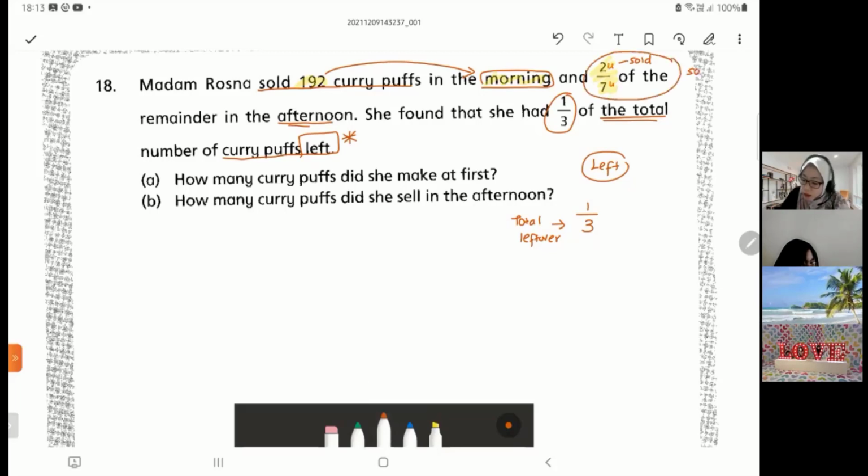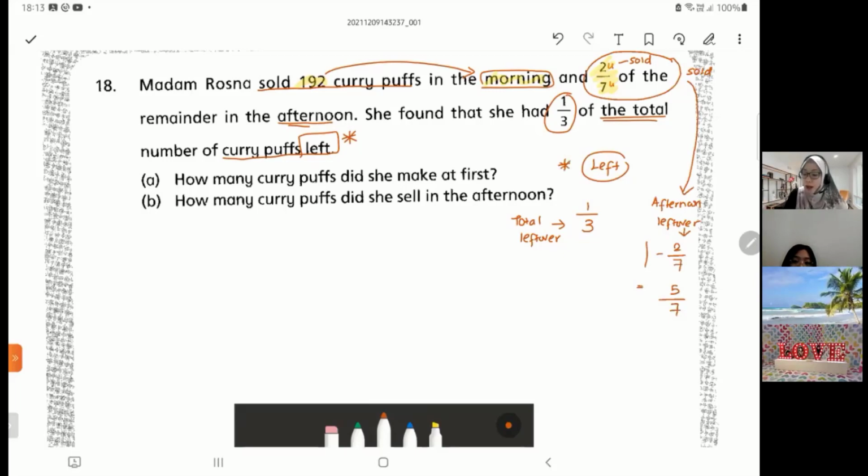Can I find the afternoon leftover? Yes, I can. 1 whole minus 2/7 equals 5/7. This is my afternoon leftover because I want to focus on my left.